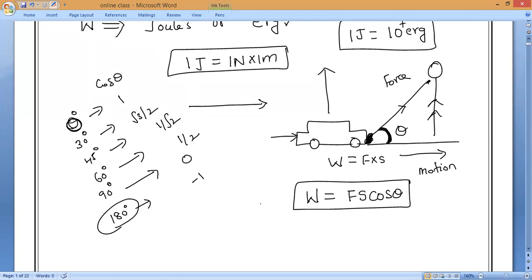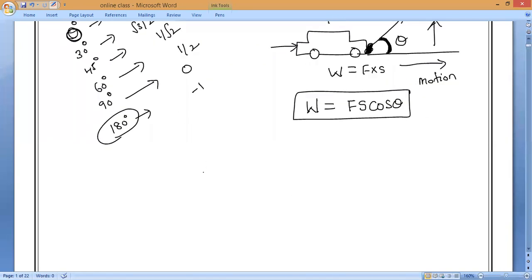That is right. If I take any kind of surface, everybody listen, this is the most important concept. If I apply the force perpendicularly to the object, now tell me, will there be any displacement? That is my question. If I am applying the force perpendicularly to the object or surface, is there any displacement in the body?